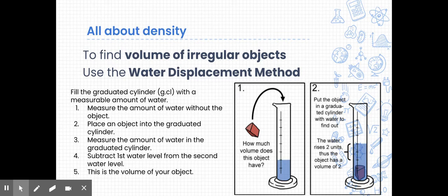We also learned about the water displacement method. The water displacement method is where you put some water in a graduated cylinder, measure how much is there, put the object you want to figure out the volume for into the graduated cylinder, remeasure how much water is there, and you then subtract the first water level from the second water level, and that gives you the volume of your object.